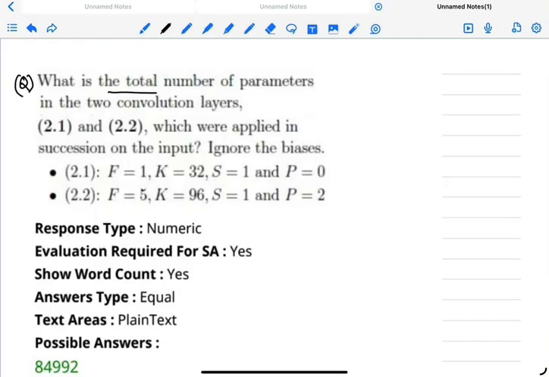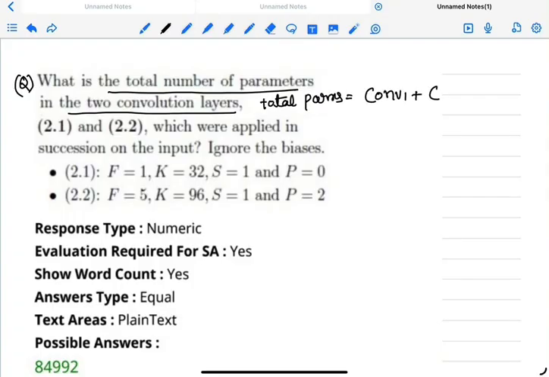And what is the total number of parameters in the two convolution layers? Total number means convolution layer 1 plus convolution layer 2, which are applied in succession on the input, ignoring the biases.